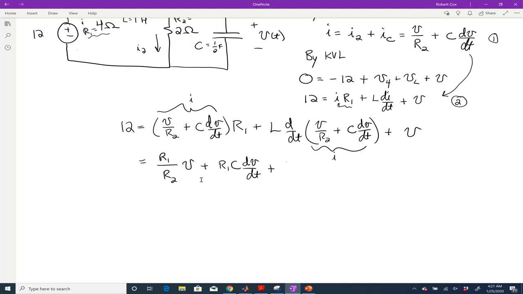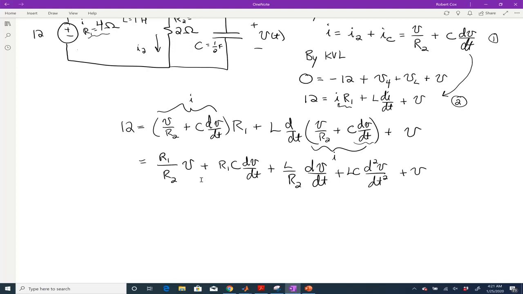So here I get plus L over R2 times dV/dt plus, now this term right here, I got a second derivative that comes in. This becomes LC times d squared V/dt squared, and then I have plus V.